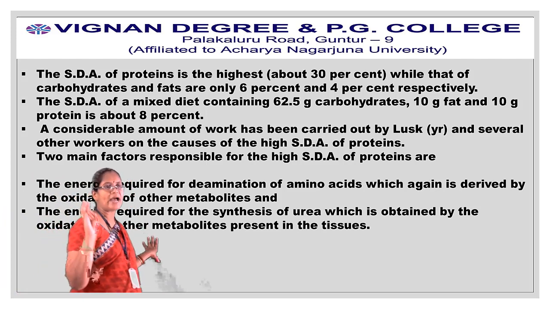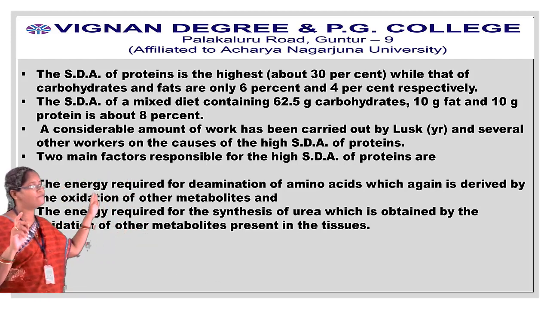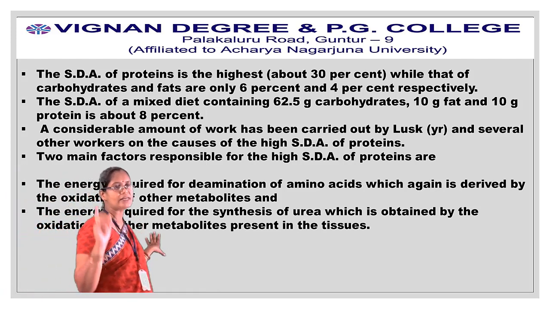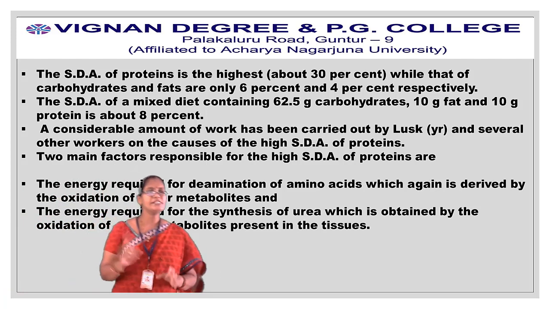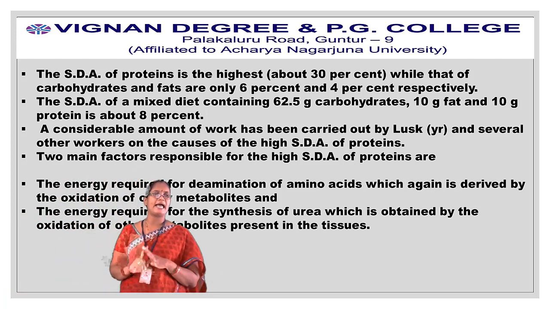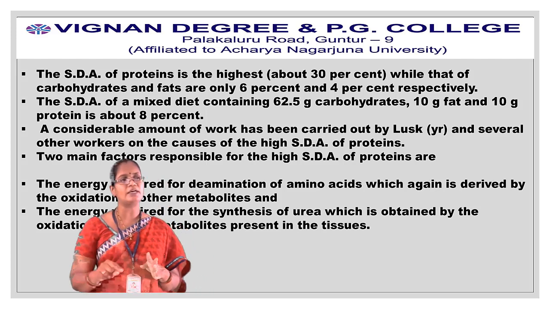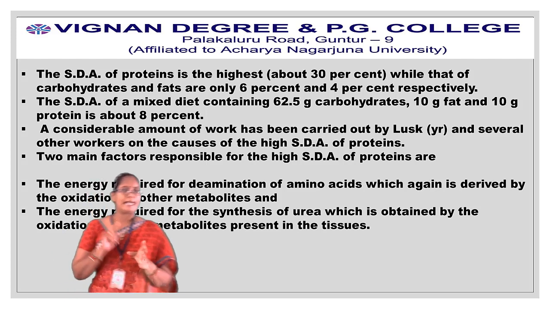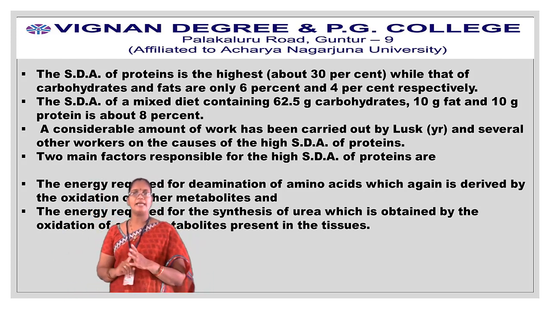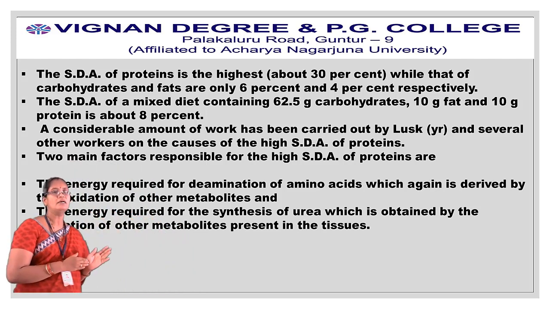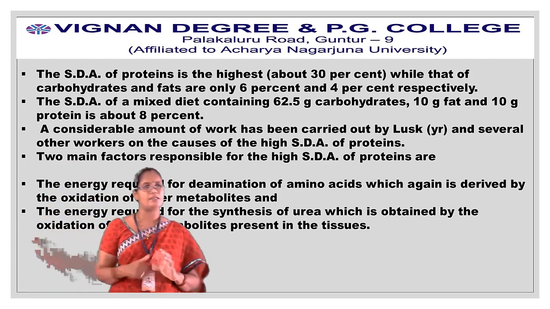So, the two main factors responsible for the high SDA of proteins are, first, the energy required for deamination of amino acids, which is derived by the oxidation of other metabolites in the body.